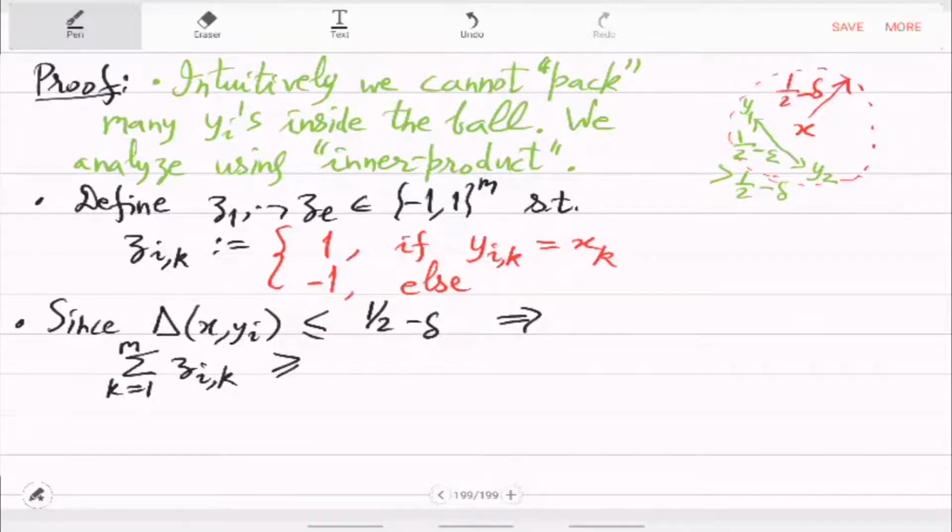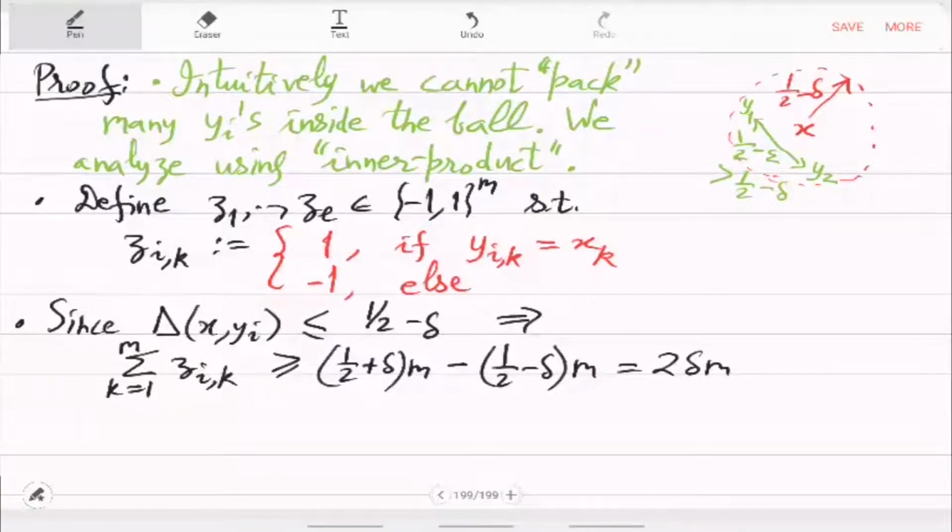Which means that zik will be a lot more positive than negative. How many times positive? Half plus delta m times positive, otherwise negative, which is half minus delta m. So that is 2 delta m. That's one equation.